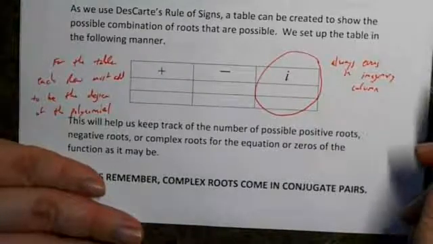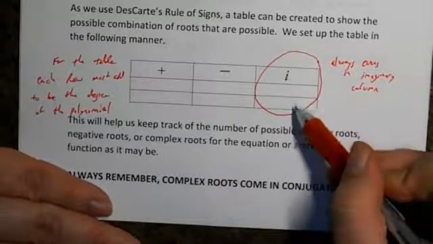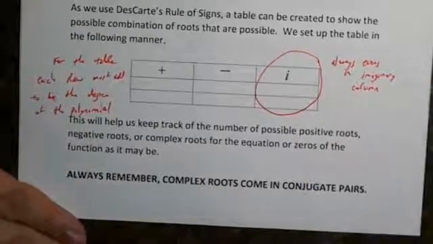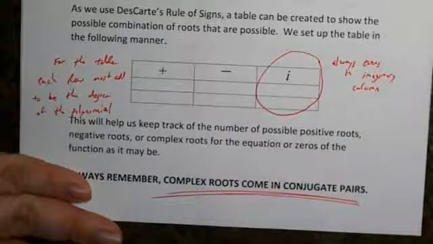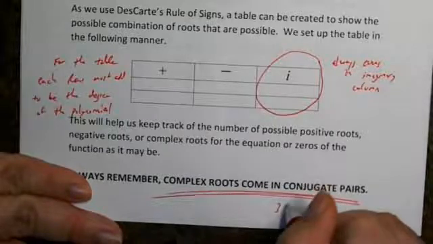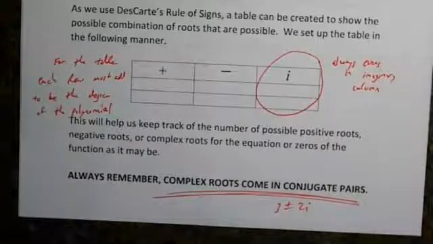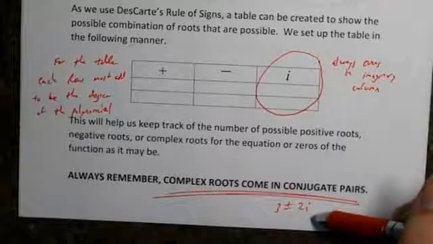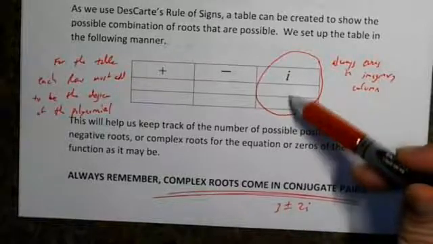The reason this always has to be an even number is because your complex roots always come in conjugate pairs. Always. So you get something like 3 plus or minus 2i. So there are 2 zeros there. You can't just have 3 minus 2i. 3 plus 2i must also be one. So that's why the numbers in this column are always going to be even.